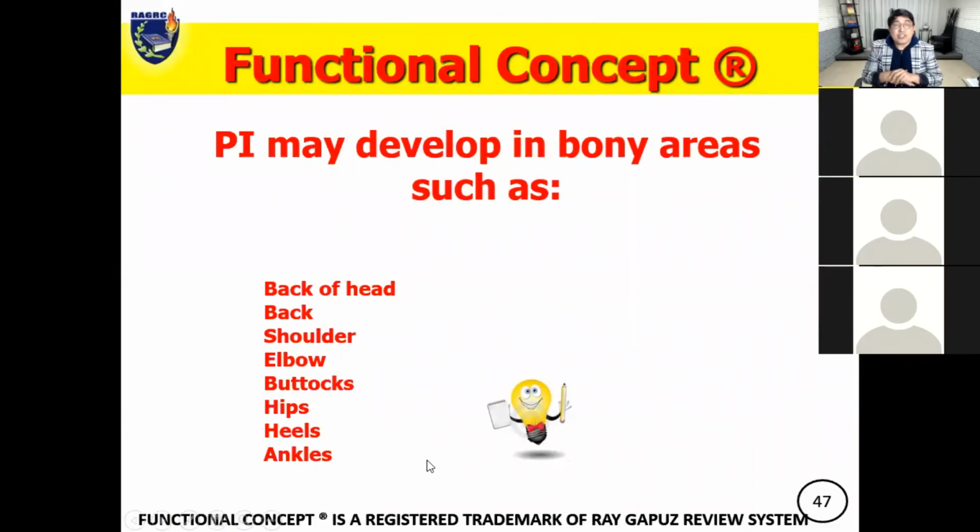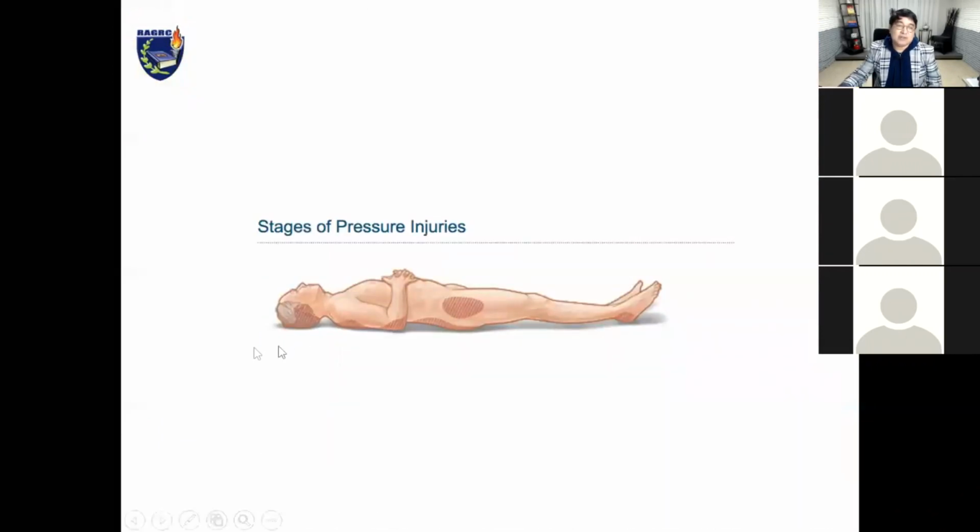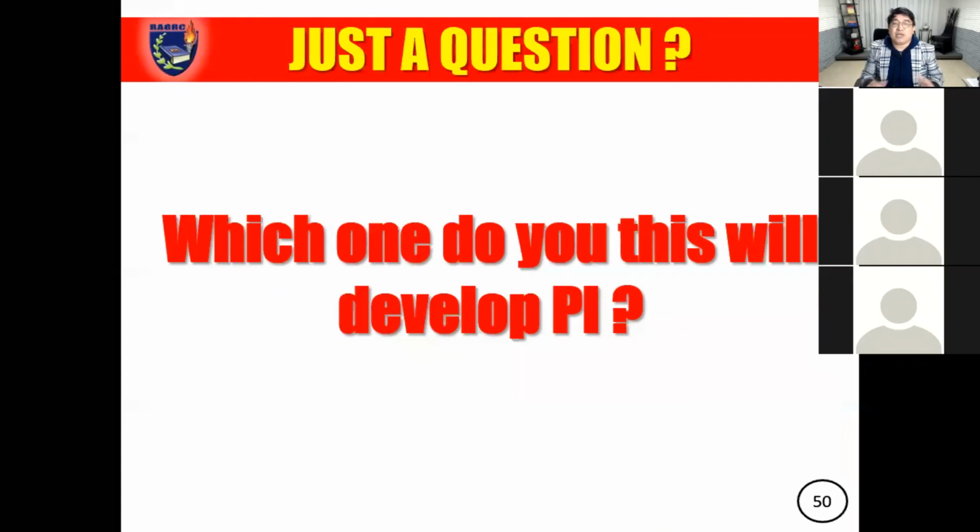Now, pressure injury may develop in bony areas like back of the head, back, shoulder, elbow, buttocks, hips, heels, and ankles. From head to toe. If that could be turned into a select all that apply concept, it's easy. Just imagine the picture.